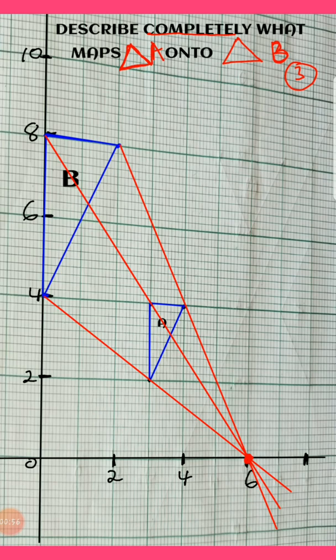To describe the enlargement, you have to say enlargement, center (6, 0), scale factor.